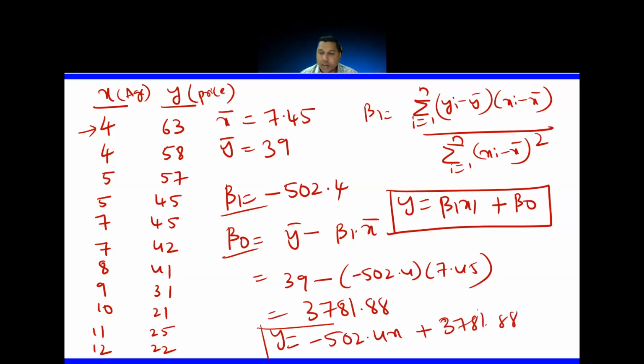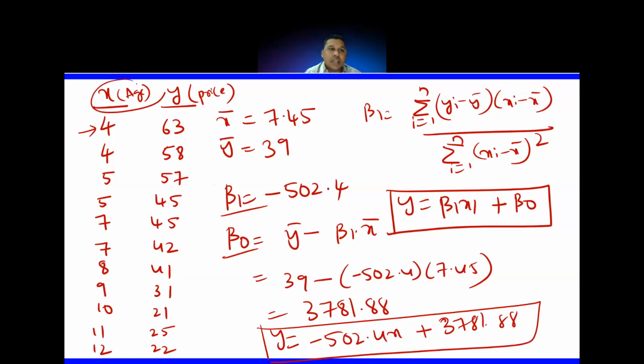This forms your line equation, which gives the relation between the age of the car and the price. Now with this model, you can give any age of the car as the input. It will tell you the price for which we can purchase that used car. Okay, so this is the procedure for how we find the regression equation.